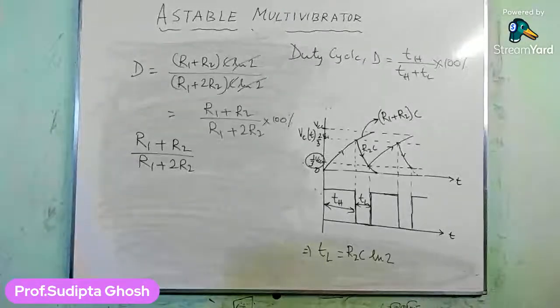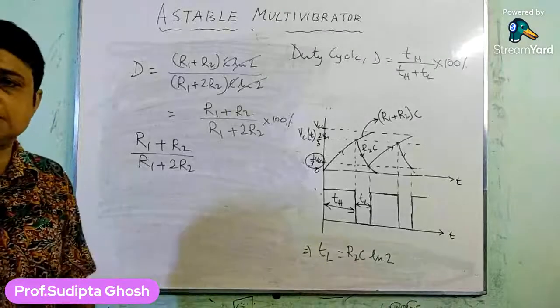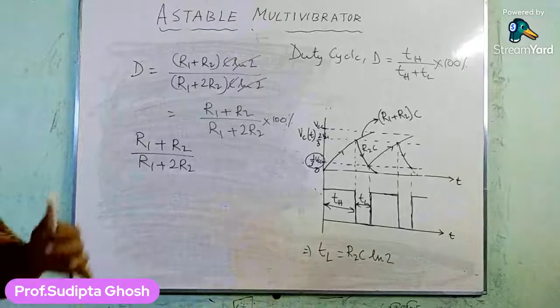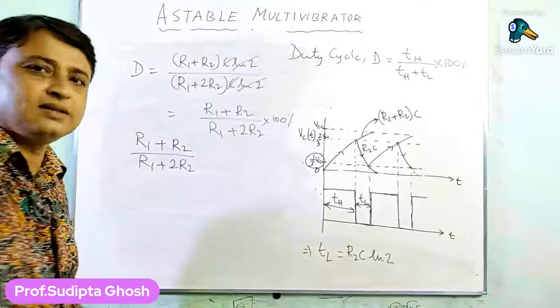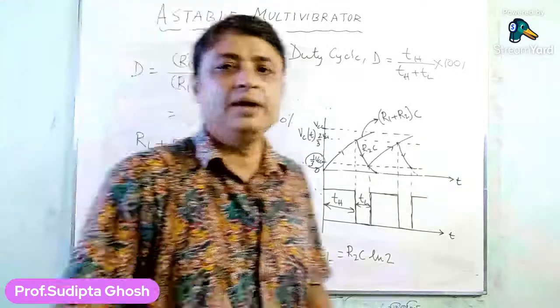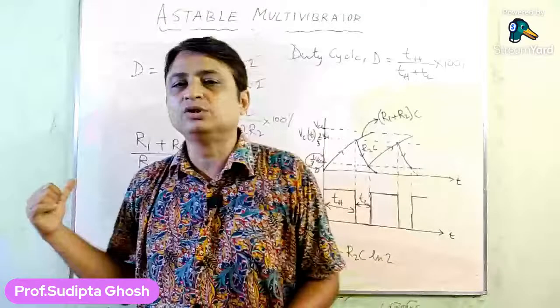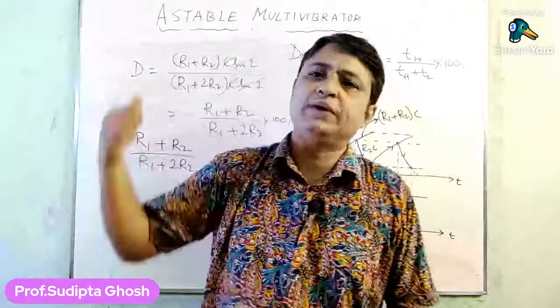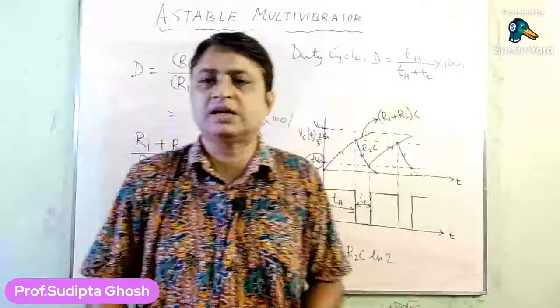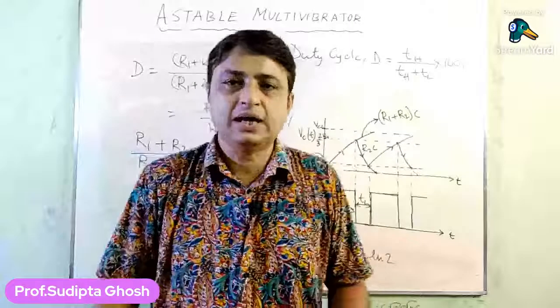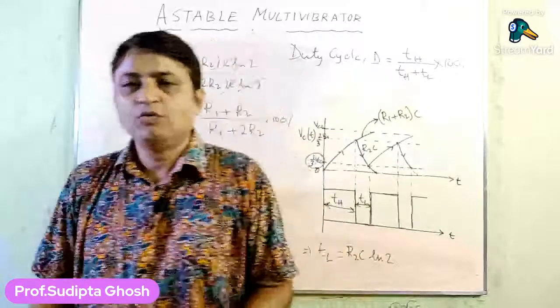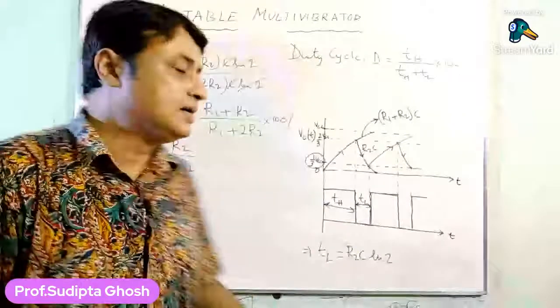Without finding these values of R1 and R2, we can't construct this particular astable multivibrator circuit. So to get the square wave output, we must calculate these values of R1 and R2, and then following this circuit construction, we can easily make the square wave output. So we are going to calculate these values first.